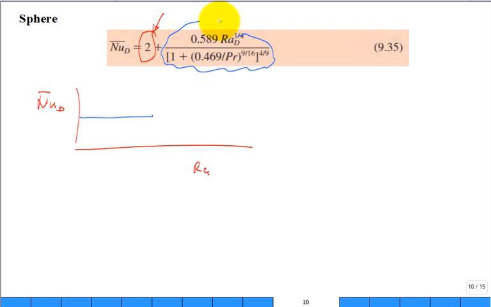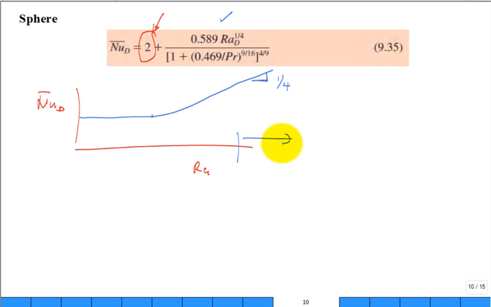But then finally this part will grow, because it's a function of Rayleigh number, and it'll have a transition that'll go a straight line on a log-log plot, where the slope of this line is 1/4 because of the exponent on that Rayleigh number. So for large Rayleigh number, you could neglect the 2. For low Rayleigh number, you could neglect the function of Rayleigh number. The Nusselt number is just a constant.